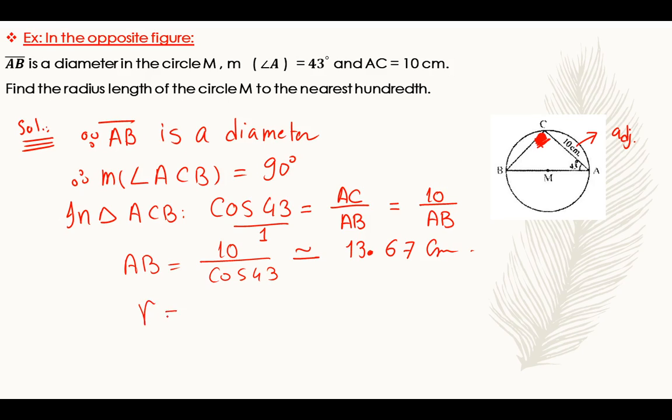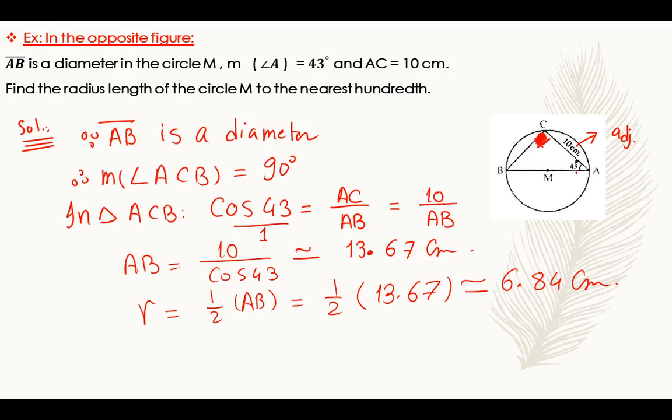So the radius length is equal to half the length of the diameter AB. So R will be equal to half multiplied by 13.67, and this is approximately equal to 6.84 centimeter.